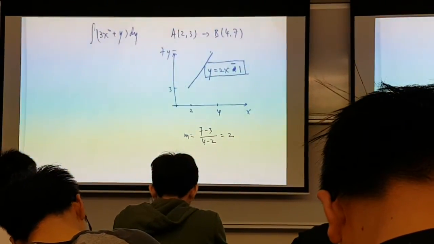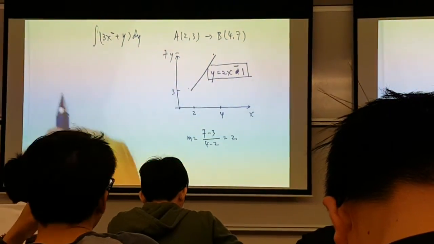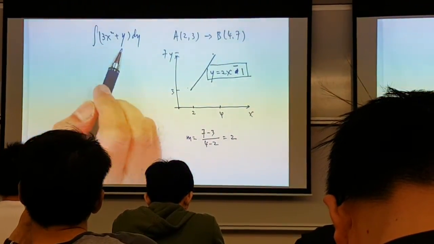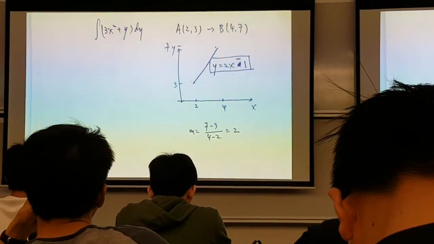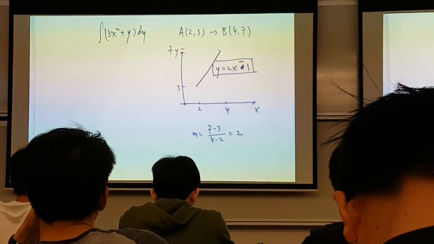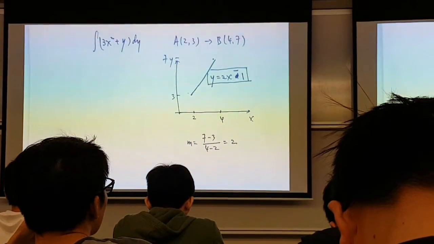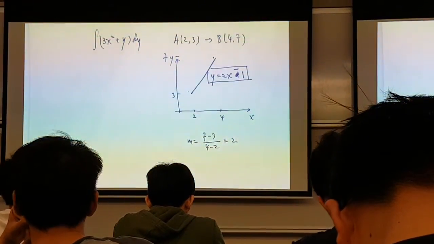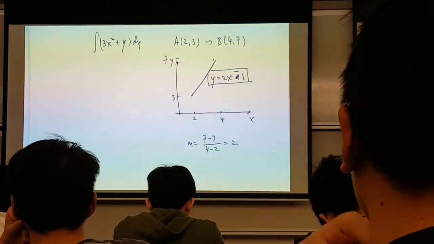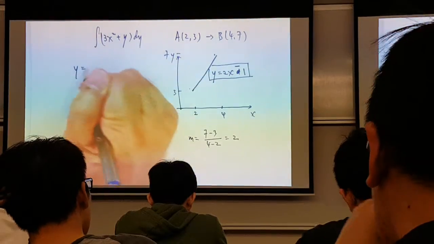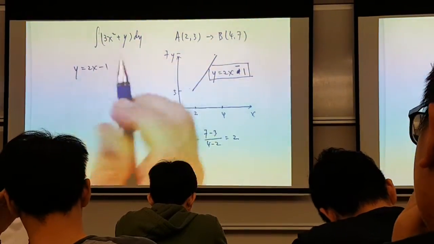Once you've done this, you can come back here because you're integrating with respect to y. So what you need to do is change whatever you see inside here that is x to y for integration purposes. Making use of this straight line relationship, y is equal to 2x minus 1.